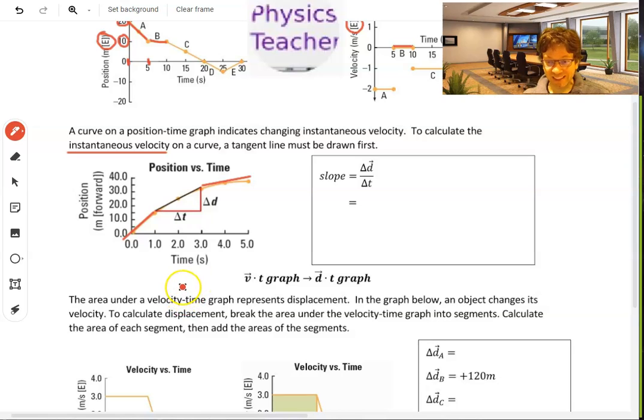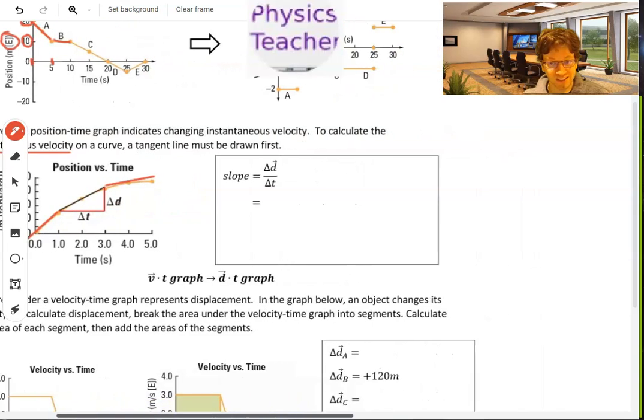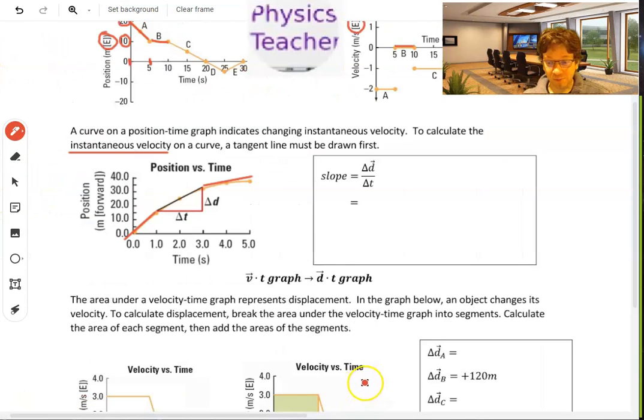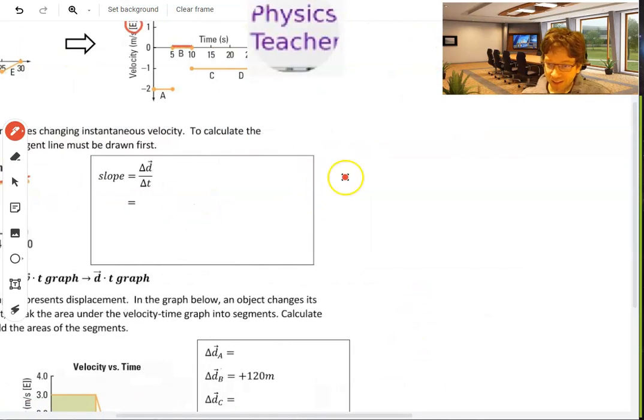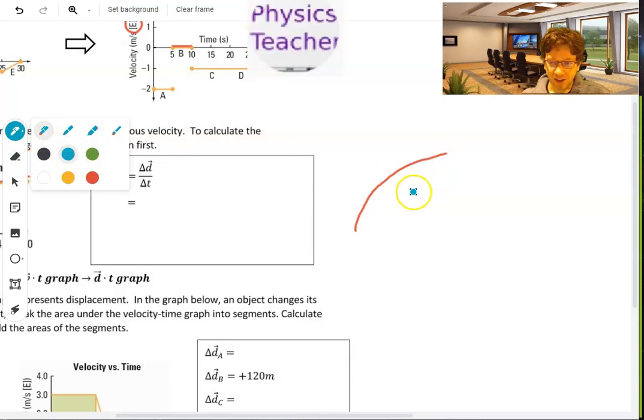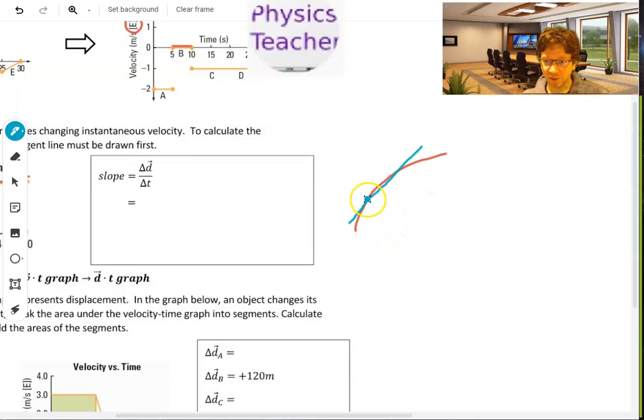So let me just review what a tangent is. A tangent is a line that only touches the curve at one point. So let me draw you an example here. Let's say I had a curve like this, and I'll draw something like this. That is not a tangent. It's terrible. It goes through the curve here and here.